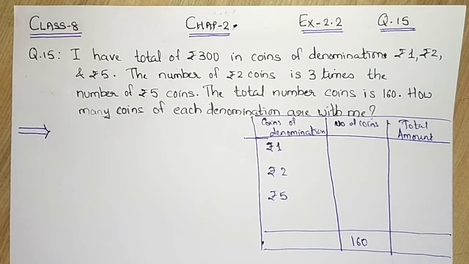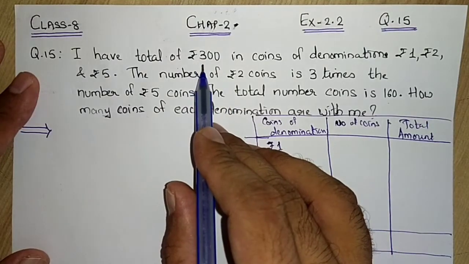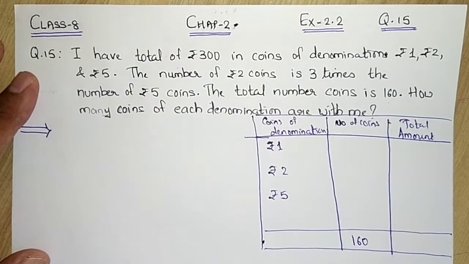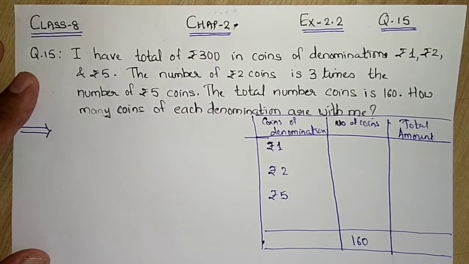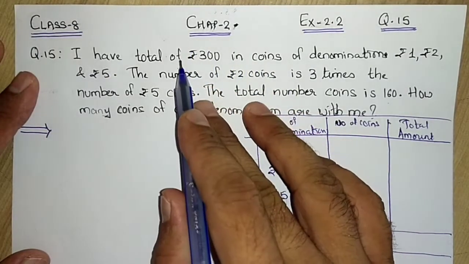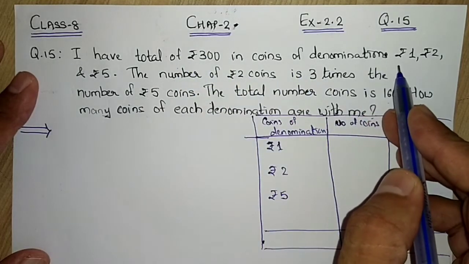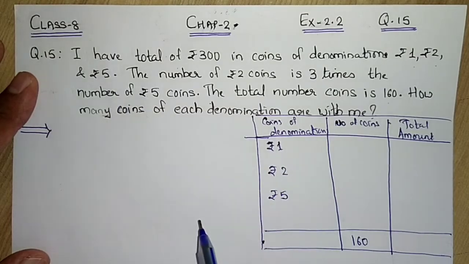Let me explain to you, students. They have told that the total amount which I have is rupees 300, which is all in coins. All the amount of rupees 300 is in coins of denomination 1, 2 and 5.